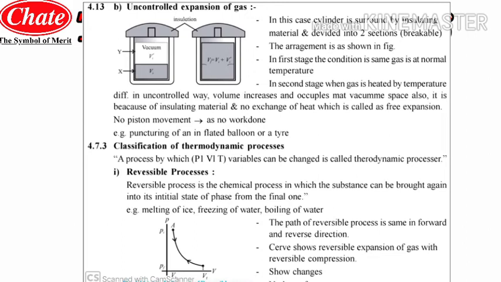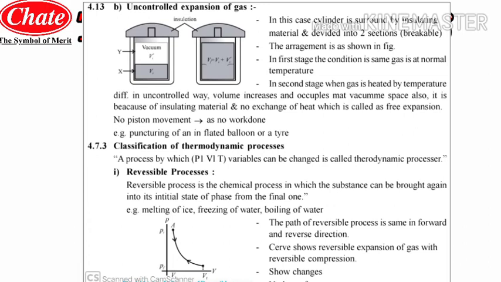As the point A moves towards point B, what will happen? The pressure will go on decreasing and the volume will go on increasing. This is in one direction. In the other direction, when work is done to take that process again into its initial position, the volume will go on decreasing and the pressure will go on increasing.